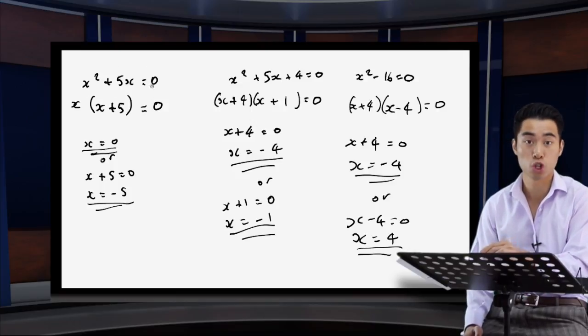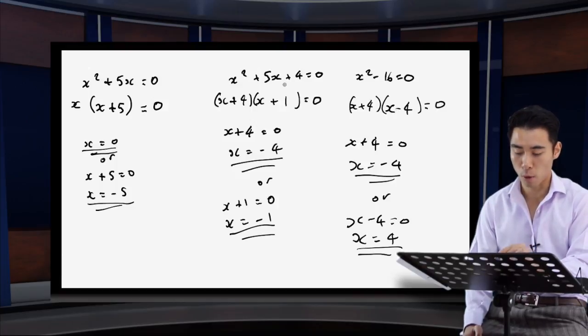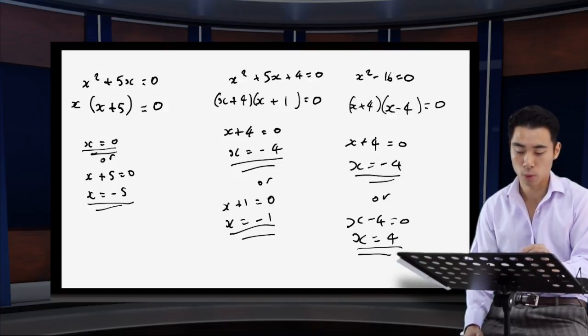And which method you choose obviously depends on which terms you're presented with. So if we have all 3 terms, your quadratic term, your term in x, and your number term, it's going to be 2 sets of brackets like this, where your number terms here are going to be different. If presented with just your quadratic term and your number term, then it's going to look like this, where you have 2 sets of brackets, a difference of 2 squares, this is called.